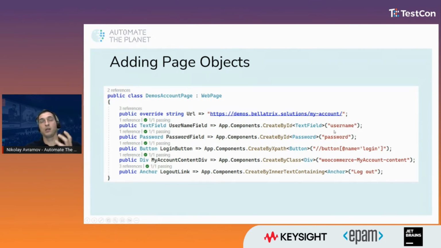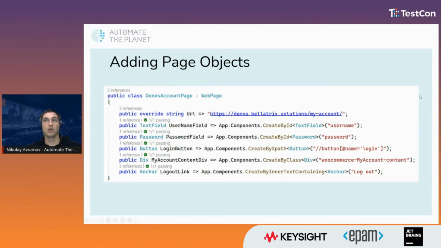But any locator that we have is subject to change at some point. Having such page objects gives us the option to update only in one place, but we still have to do it. And if you have some general change, we have to go through all page objects and update them.